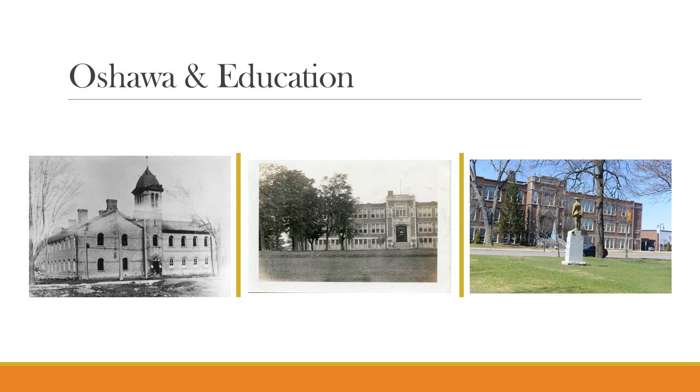Exactly where and when the first school in the area opened is a bit of a matter of debate, although it's agreed that it was somewhere around the lakeshore and it opened sometime around 1812. We have one account which says that Joseph Moore, a settler from Boston, established the first school, quote, on the farm of Ben Rogers.